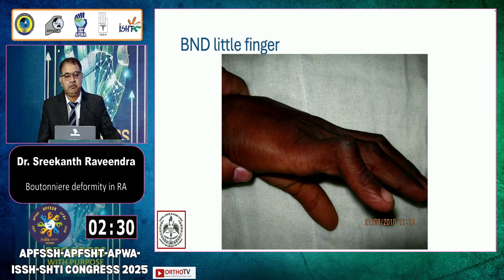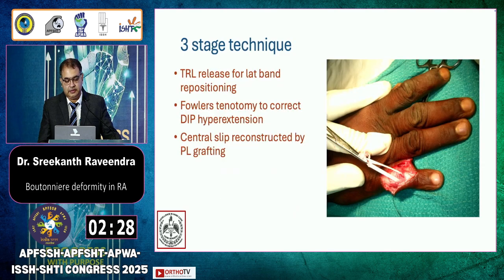And if there is complete loss of the central slip, there is a staged technique. You first release the transverse retinacular ligament, follow with tenotomy to correct the DIP, and reconstruct the central slip using any of the free grafts. We use the palmaris longus. I usually put 2 holes in the middle phalanx base and stitch to whatever remnant of the central slip.